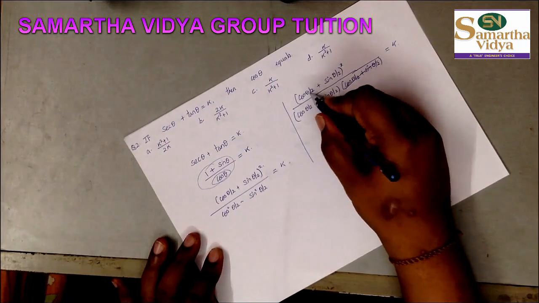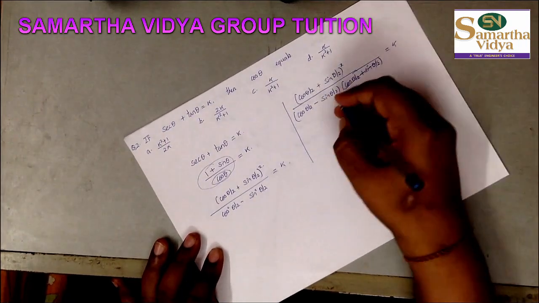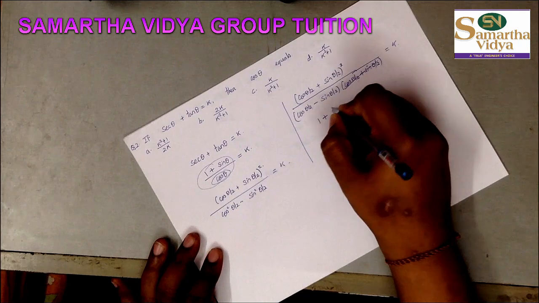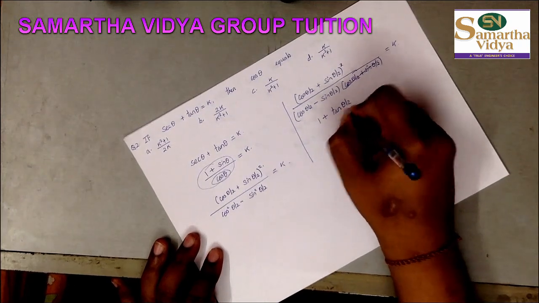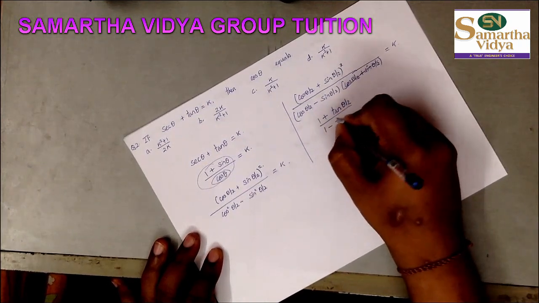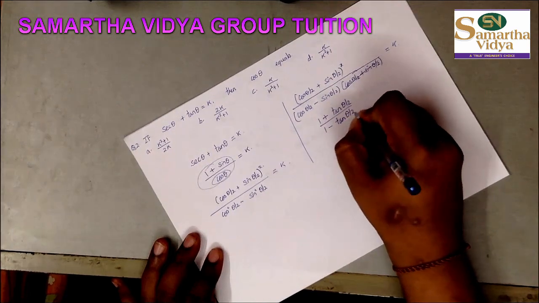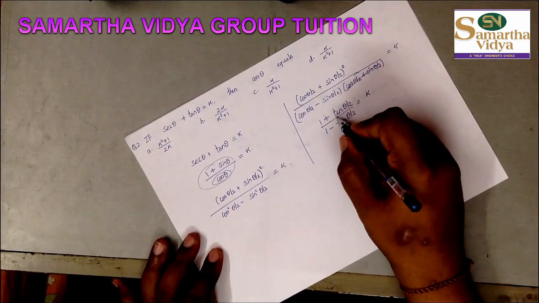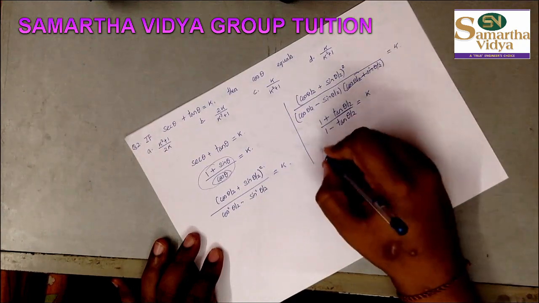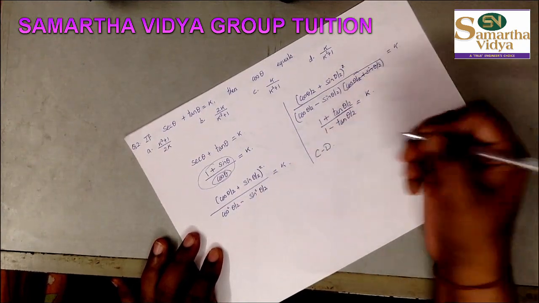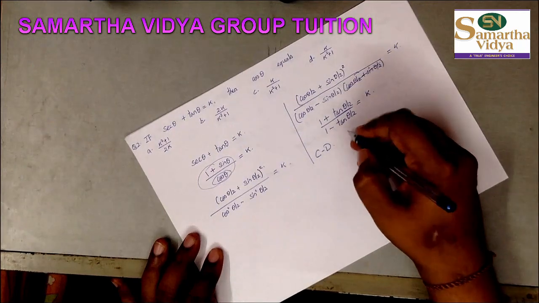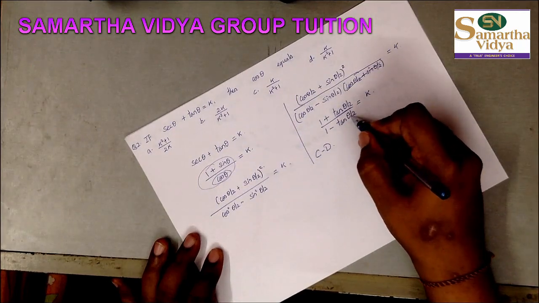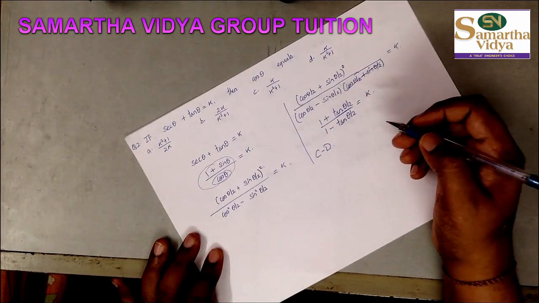Now we can divide the numerator and denominator by cos theta by 2. So we have 1 plus tan theta by 2 upon 1 minus tan theta by 2 is equal to k. Now from here we will be finding out what is going to be tan theta by 2. So let's apply componendo dividendo, which is nothing but numerator plus denominator upon numerator minus denominator.